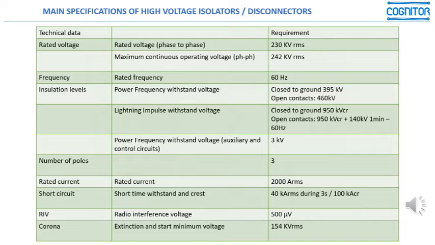Then here, for example, in this table made by one power utility, you specify the rated voltage, because the buyer needs to know this, the frequency, and insulation levels.